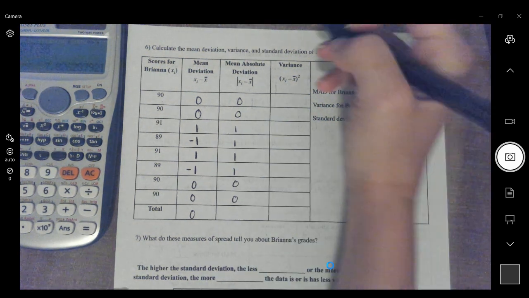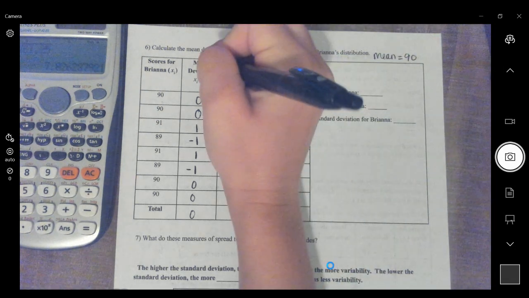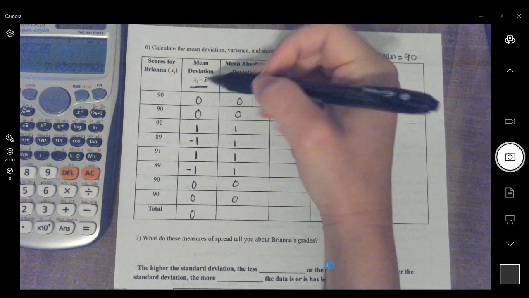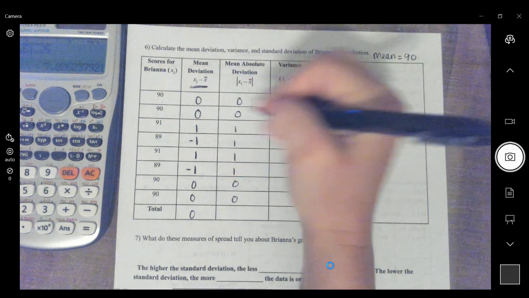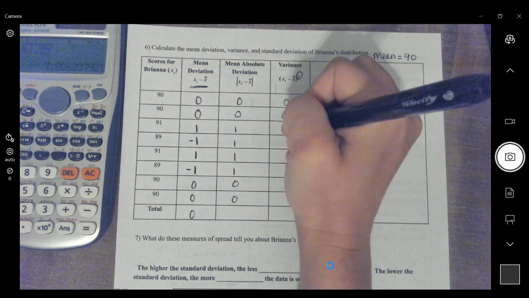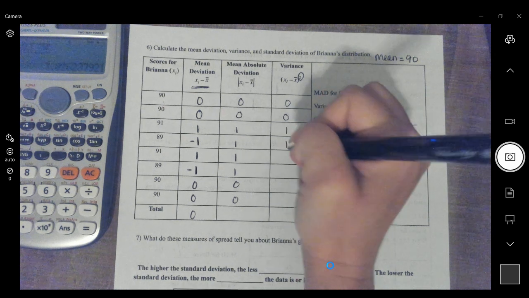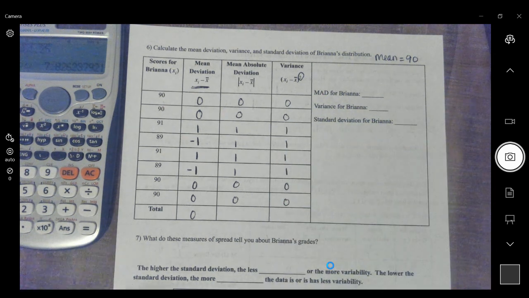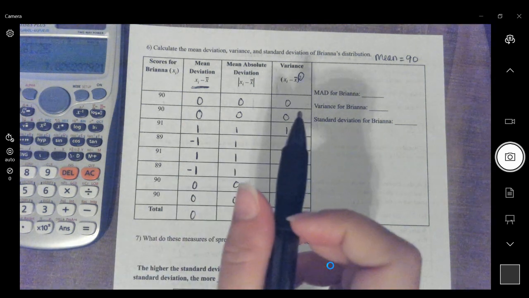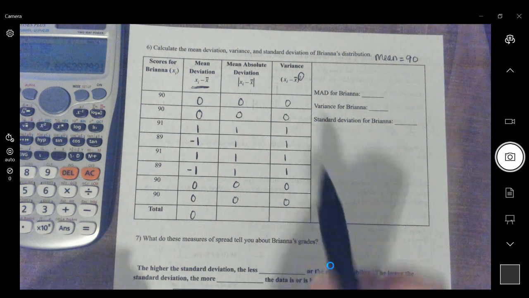Okay, and then for our variance, we're squaring each of these. Okay, we'll still go back to this column. So 0 squared is 0, 0 squared is 0, 1 squared is 1. Okay, and those do happen to look the same because the absolute value of 1 is the same as 1 squared. Okay, so let's find our MAD.